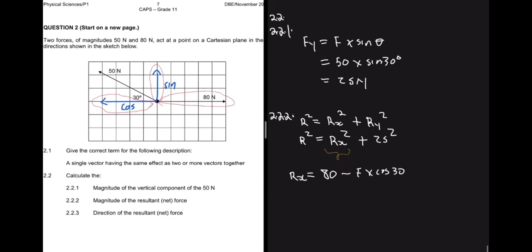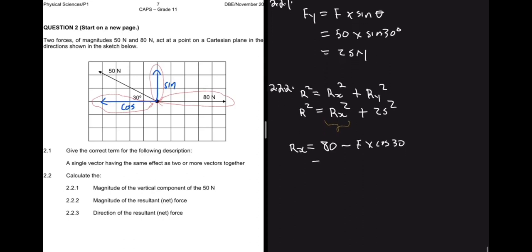So R of x is equal to 80 minus 50 multiplied by cos of 30, which will give you 36.7 Newton.